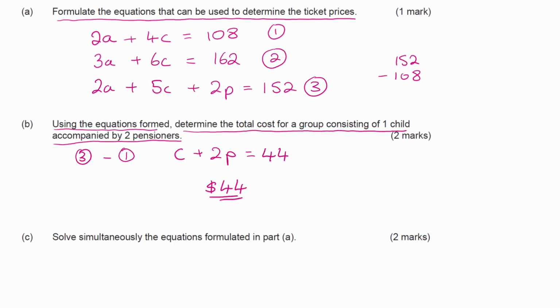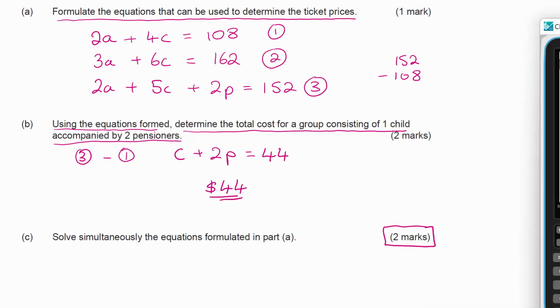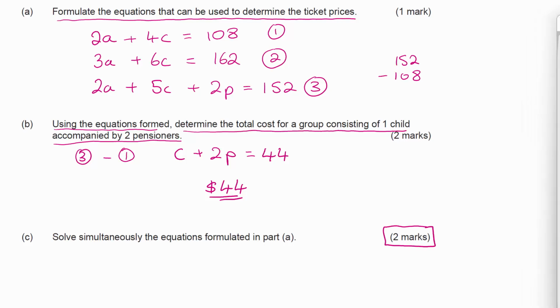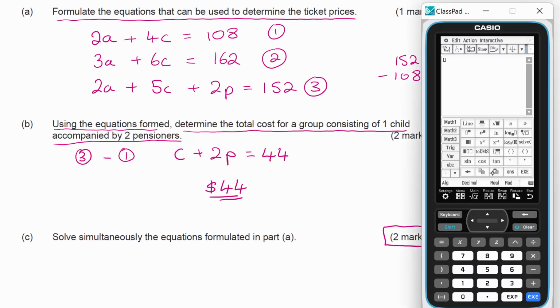We're now asked to solve simultaneously the equations formulated in Part A. Now note it's just 2 marks, which means that we could do it on the CAS. So if we go to keyboard and get the simultaneous equation solver, on Math 2, if we press this one, we get the extra equation. And I'm just going to call A x, C y, and P z for the purposes of doing this.